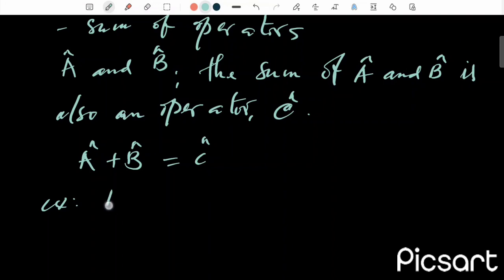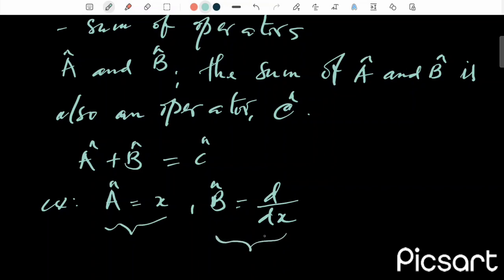Example, if you have A equal to x and B equal to d over dx. Here we have this as a multiplicative operator, and here we have this as a differential operator.